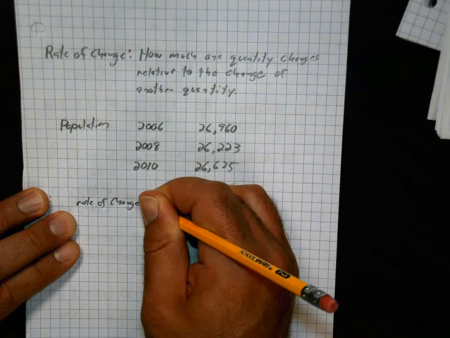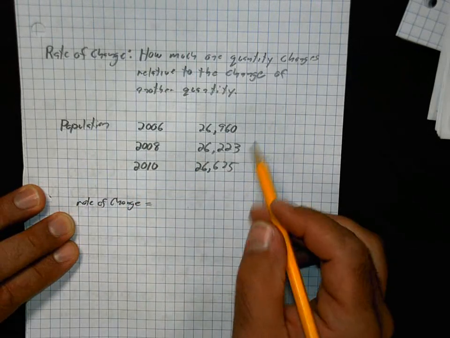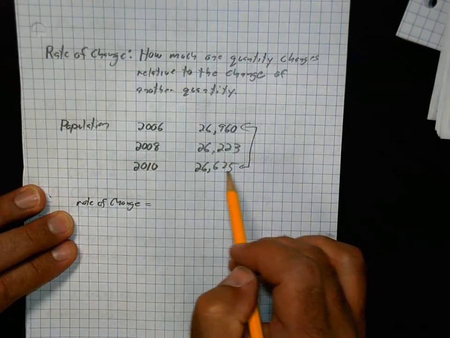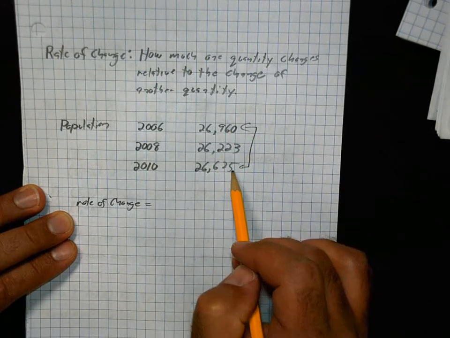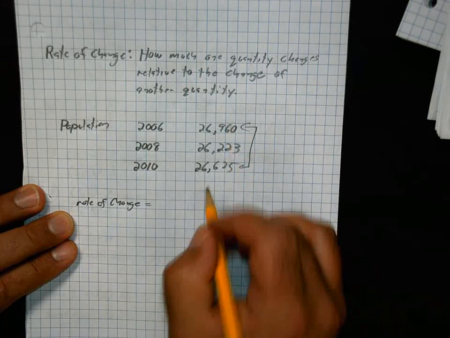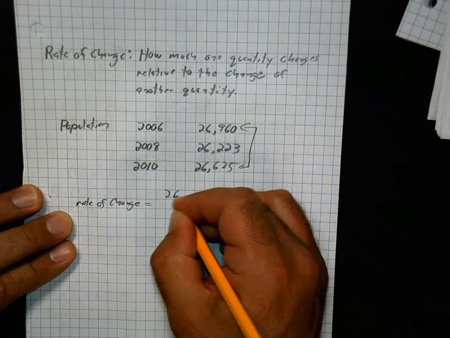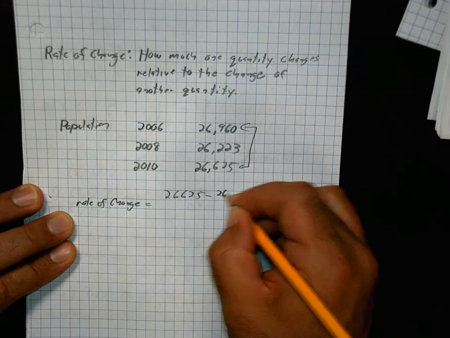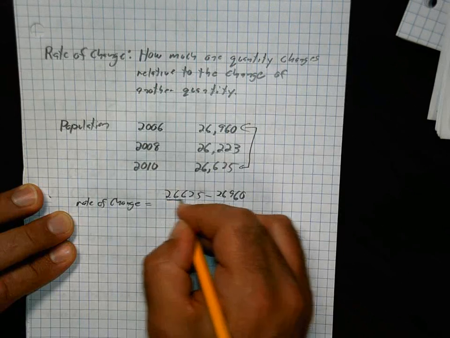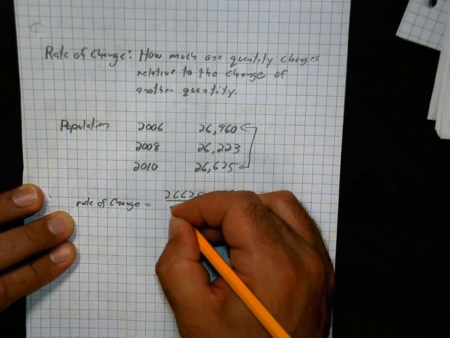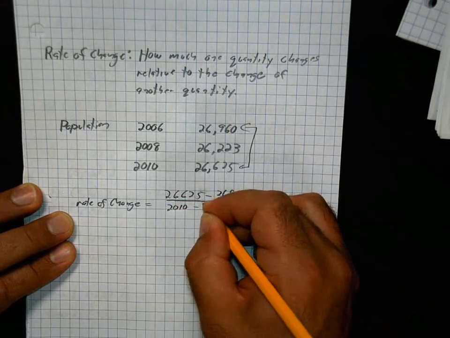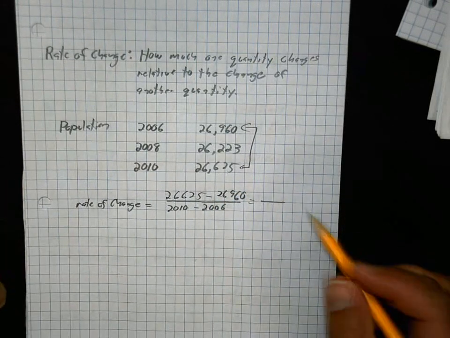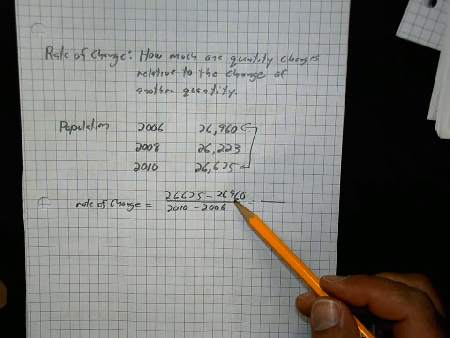We would find that just like we find slope. We're looking for these two right now. We could use these as our y values. So we take the rate of change of the population, 26,625 minus 26,960 divided by my change in years, 2010 minus 2006, and we would determine our rate of change there.